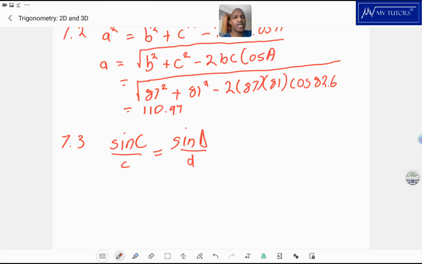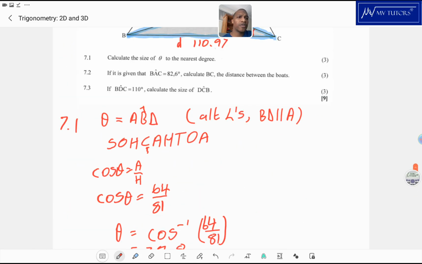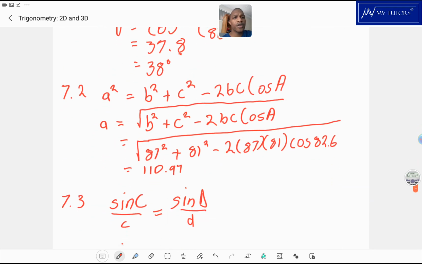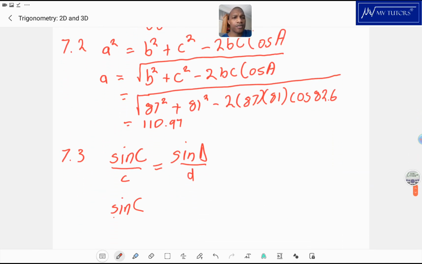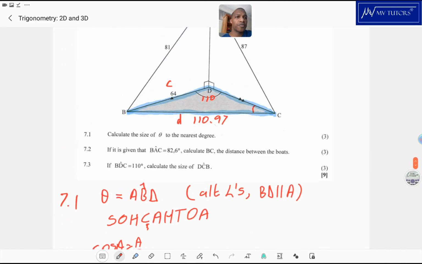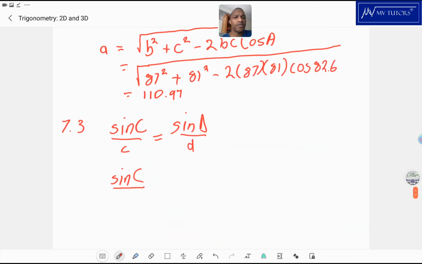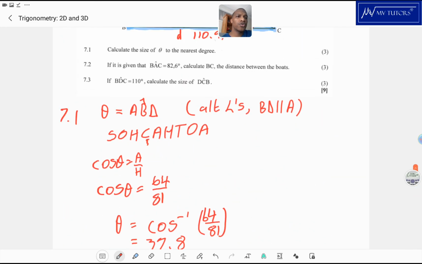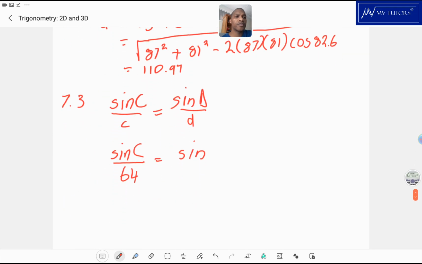Do we know the angle of C? No, that's what we're looking for. Do we know side C? It's 64, we have it right there. 64 equals sine. Do we have the angle of D? Yes, we've been given it, 110. Do we have the side D? Yes, it's 110.97 as well.